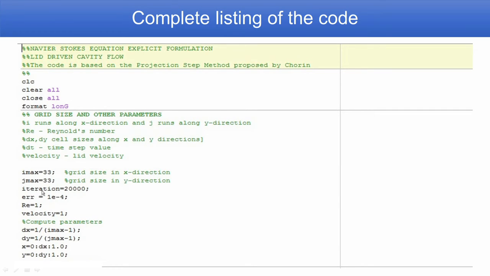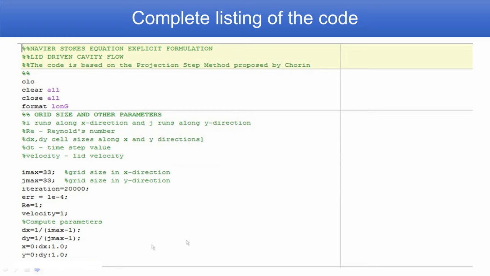So, we set the limit of iteration to be 20,000 and the convergence criterion, that is the error in the divergence, as 10 to the power of minus 4, Reynolds number as 1 and velocity boundary condition on the top wall as 1. Once you define the number of grid lines, you calculate dx and dy: dx equal to 1 upon imax minus 1 and dy equal to 1 upon jmax minus 1.